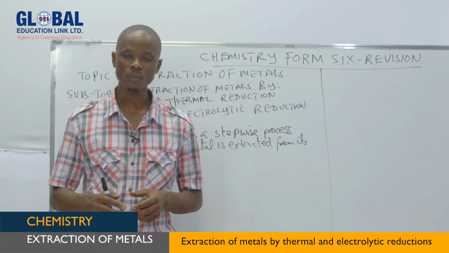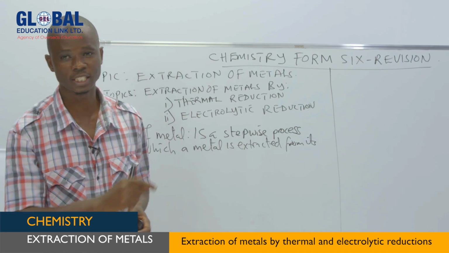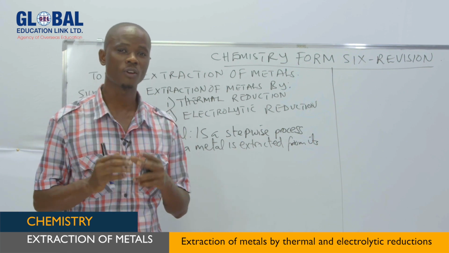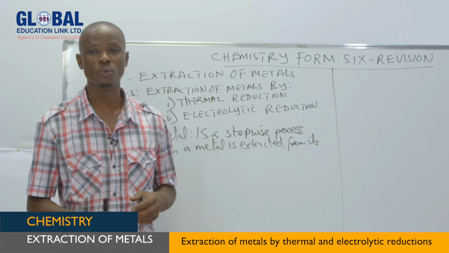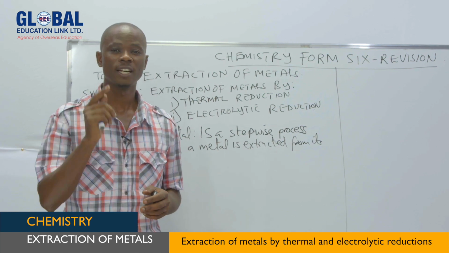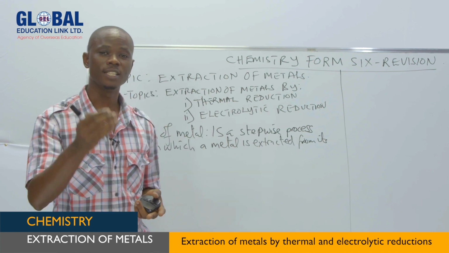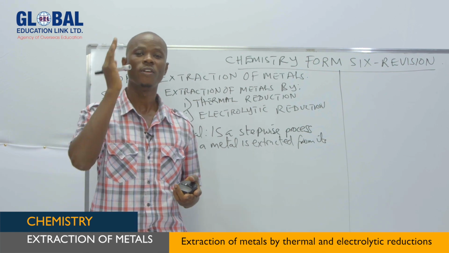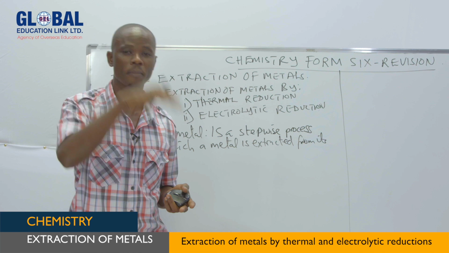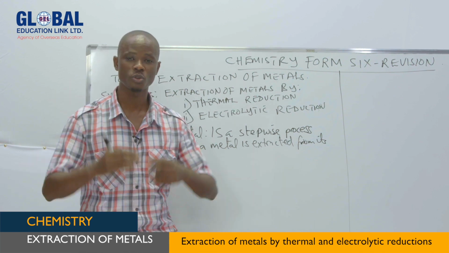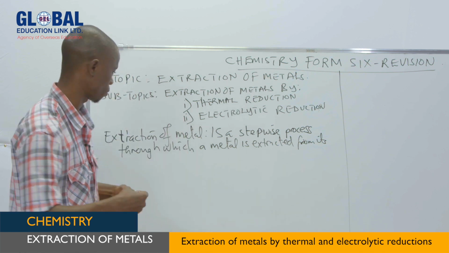Number one, we have the concentration and mining of the ore. Number two, we have calcination and roasting. Number three is reduction of the metal compound into the metal. Lastly is the purification or refining of the metal.